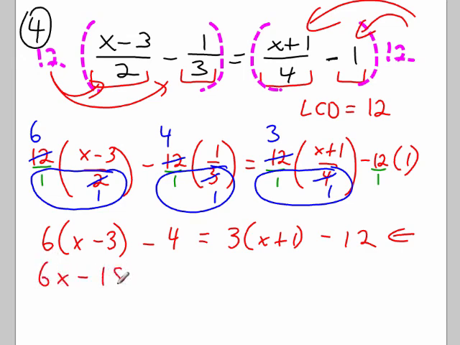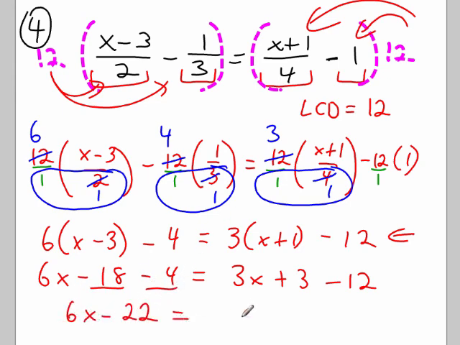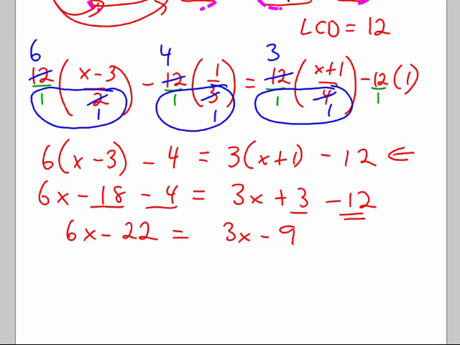6x minus 18 minus 4, 3x plus 3 minus 12. I want to collect like terms on each side, so that would be minus 22. Collect like terms on both sides, that would be negative 9. Let's put our x's on the left, subtract 3x.